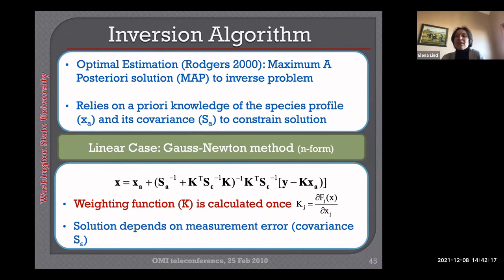How realistic that is for aerosols is a huge question. The variance of the a priori can have pretty large errors, because it can go from no aerosols to pretty high levels if you're in urban environments. And in addition, obviously your solution depends on the measurement error itself.